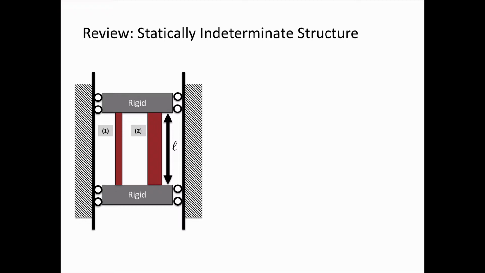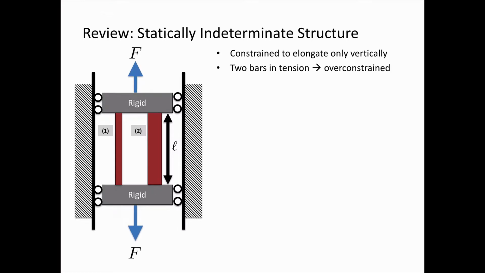And we have two structural rods connecting these two rigid members, rod 1 and rod 2. These are constrained to elongate only vertically, and suppose we're applying a force F, and these bars are then in tension. But because we have two bars instead of just one, this is an over-constrained or statically indeterminate structure.